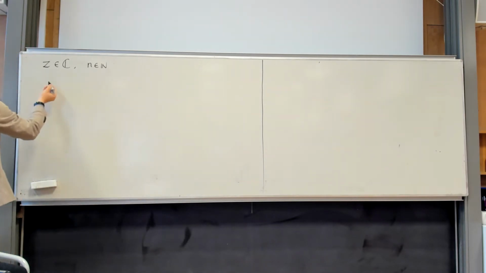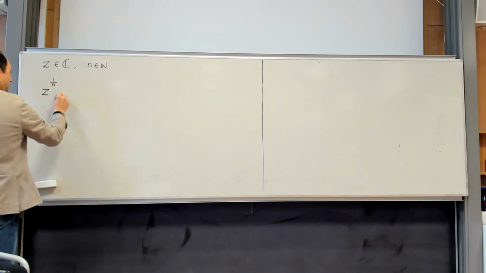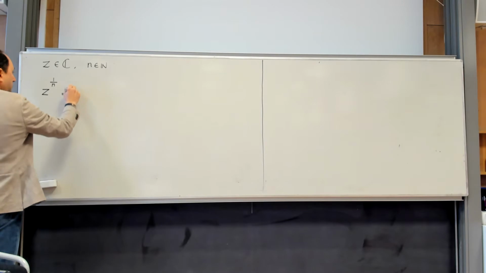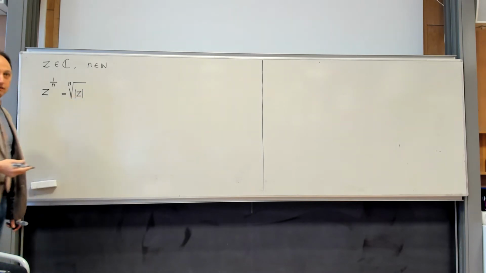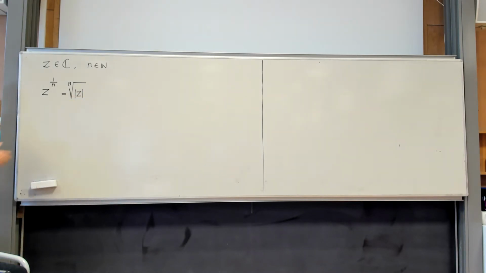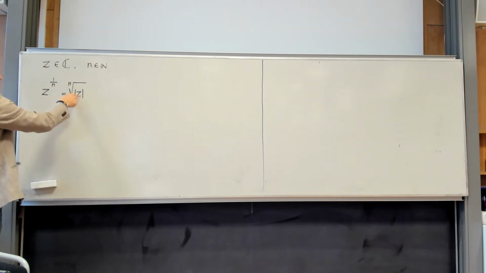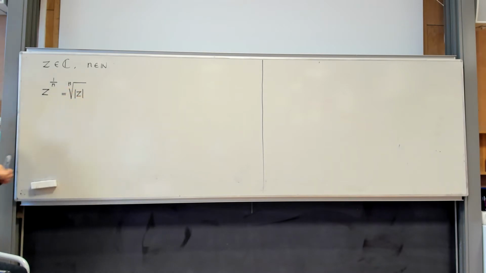So let me write a formula. I would write the nth root, or an nth root of z, and I denote it by this symbol. If you remember, I showed that this is equal to the nth root of the absolute value of z. This is just the normal nth root of a real number, because even though z might itself be a complex number, its absolute value is a real number. So when I write the nth root here, I mean just the normal nth root of real numbers, yes?